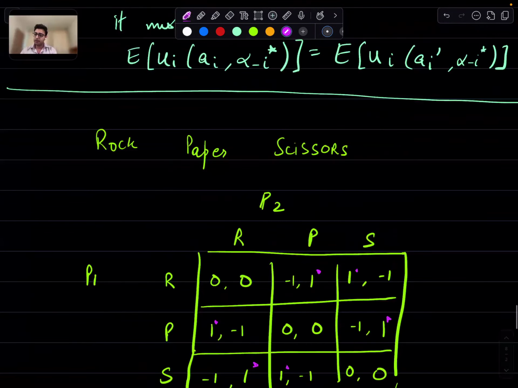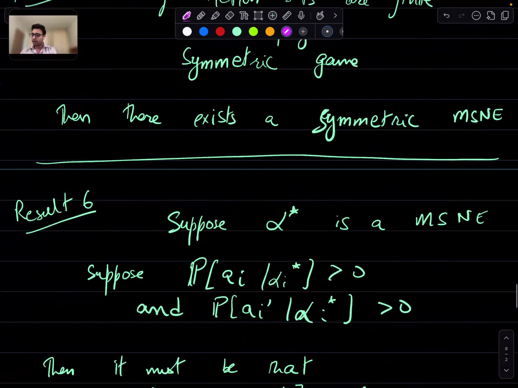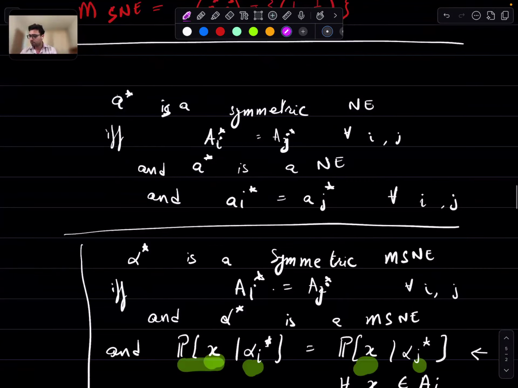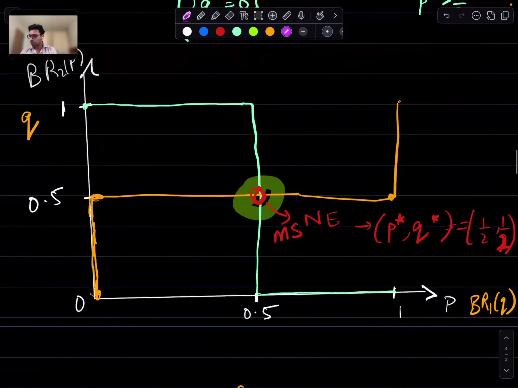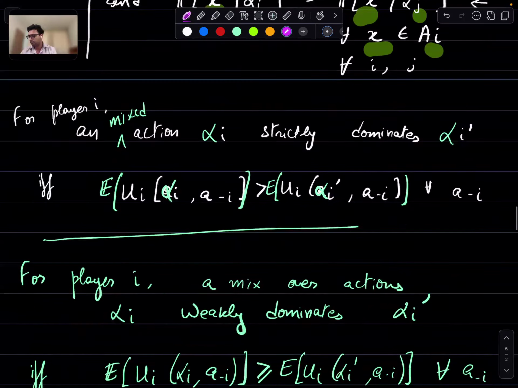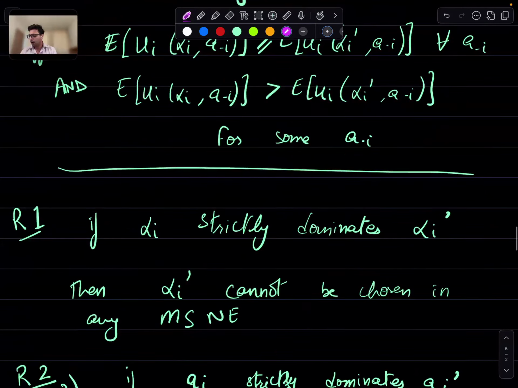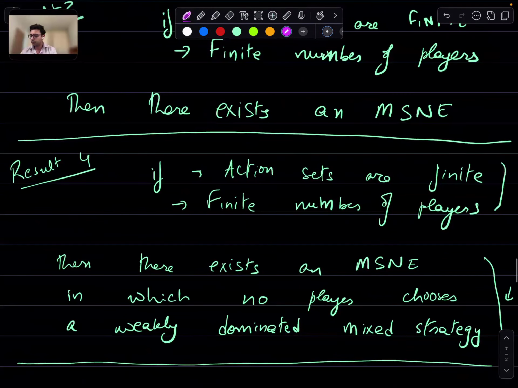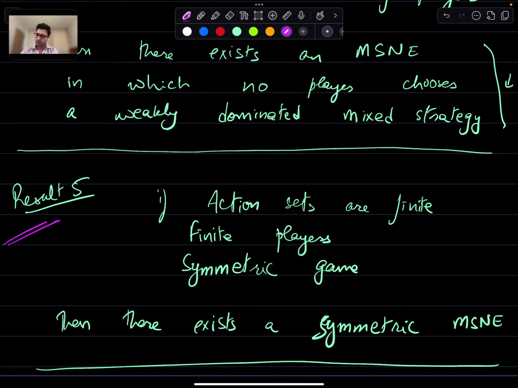But if I go back to result number 5, my action sets here are finite: rock, paper, and scissors.